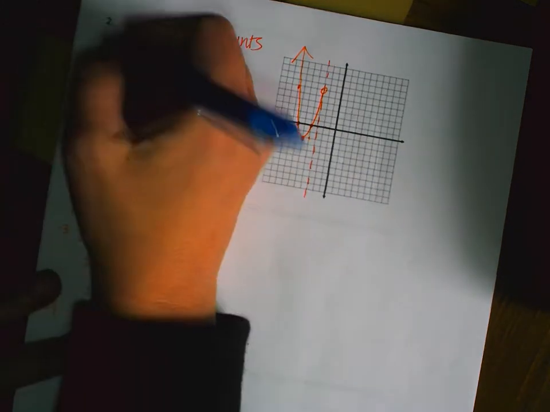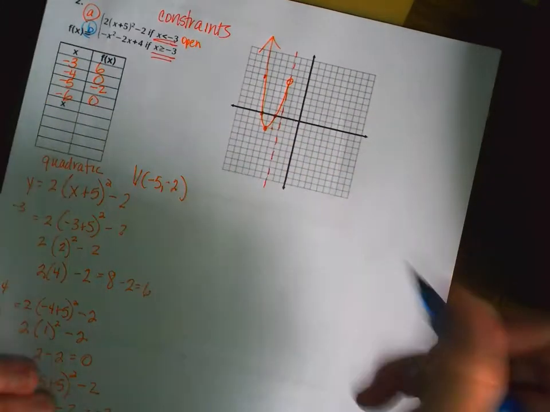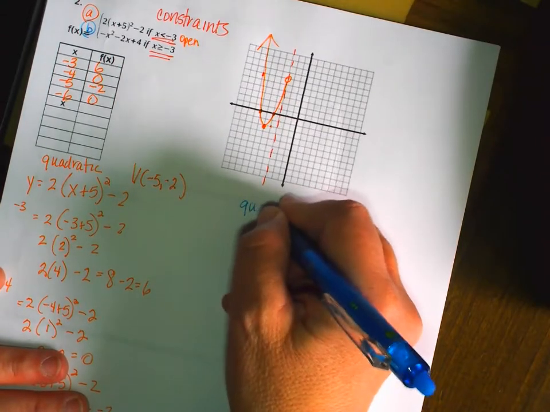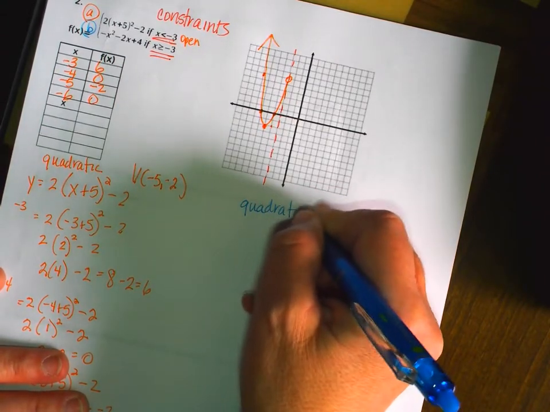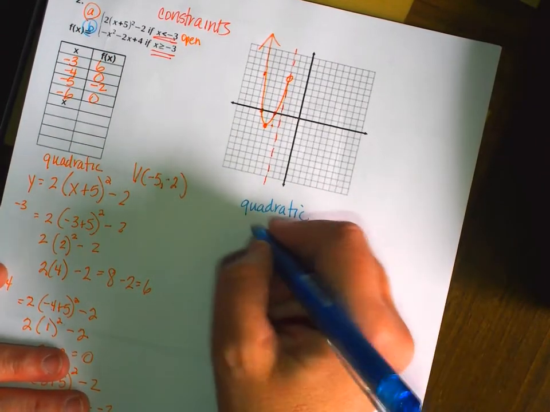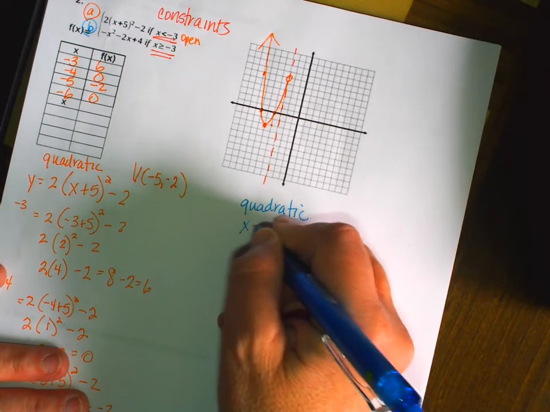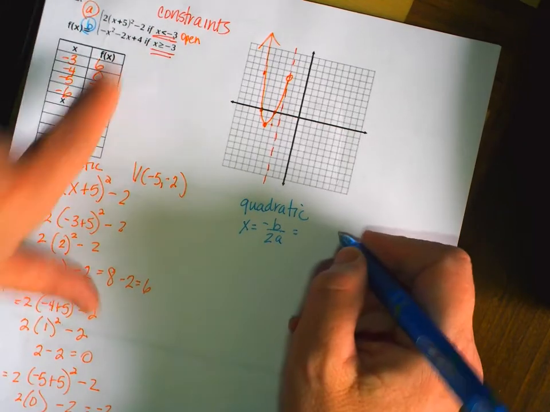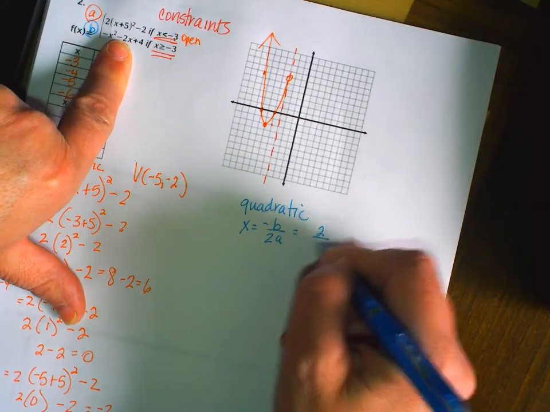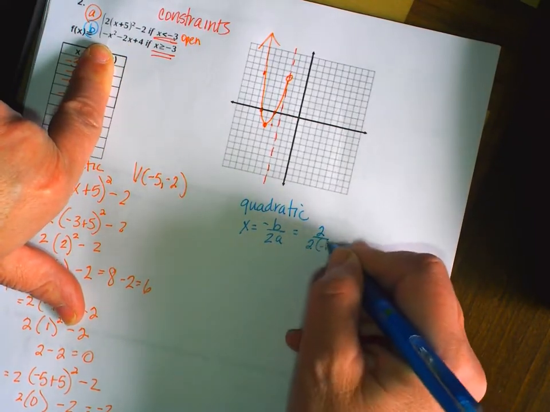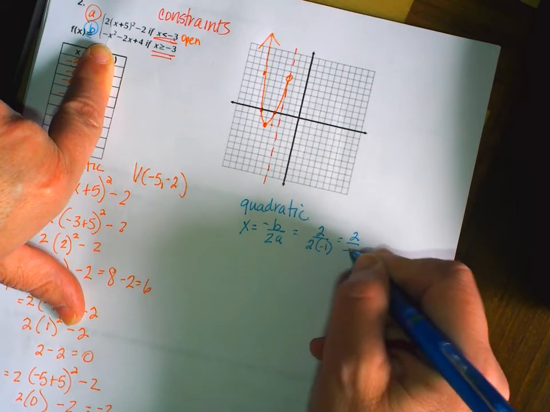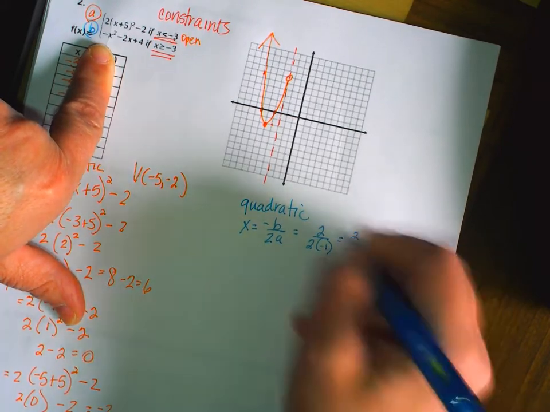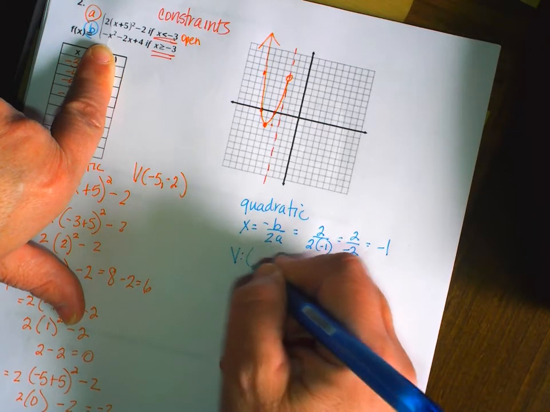Okay, for B, we have another quadratic. And to get the x of my vertex, I'm going to use negative b over 2a because it's in standard form. My b is negative 2, so that's a positive 2 over 2 times my a, which is a negative 1. So it's 2 over negative 2, which is negative 1. So the x of my vertex is -1.